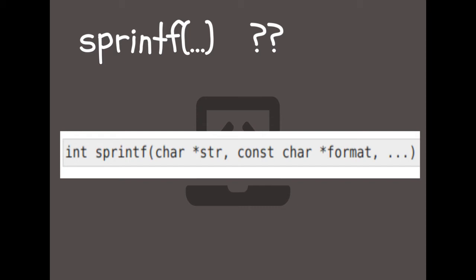Next is format. Though format looks quite fuzzy or annoying in this declaration, it is very easy. This is the string that contains the text to be written in the buffer, only plain text, or it may also contain embedded format tags. They are going to be replaced by their values.